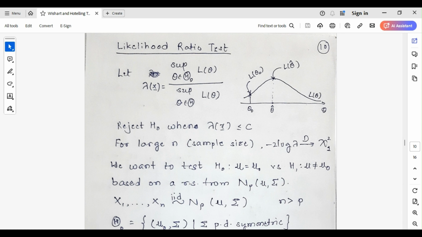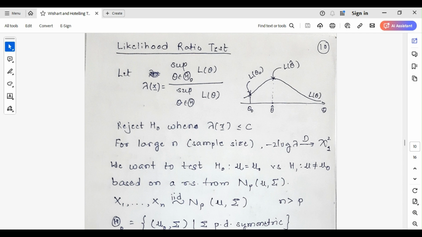And in the numerator, we have the maximum possible value of the likelihood function over the parameter space specified by the null hypothesis. So, let us see why do we define it like this.